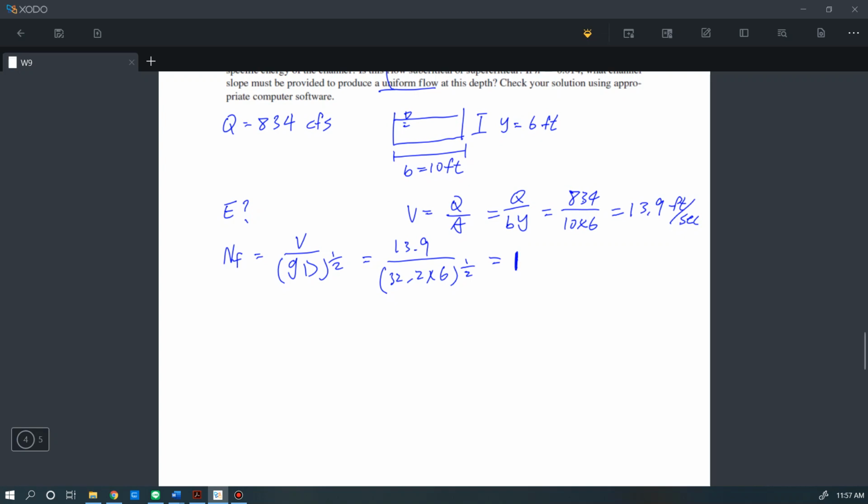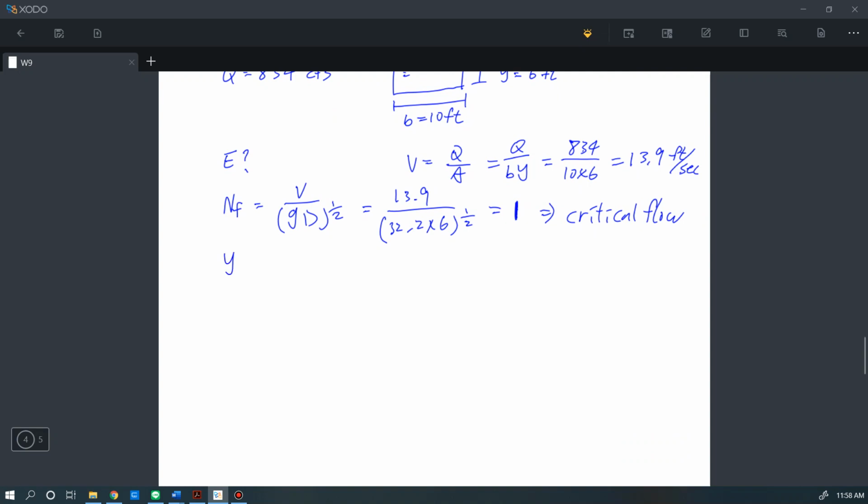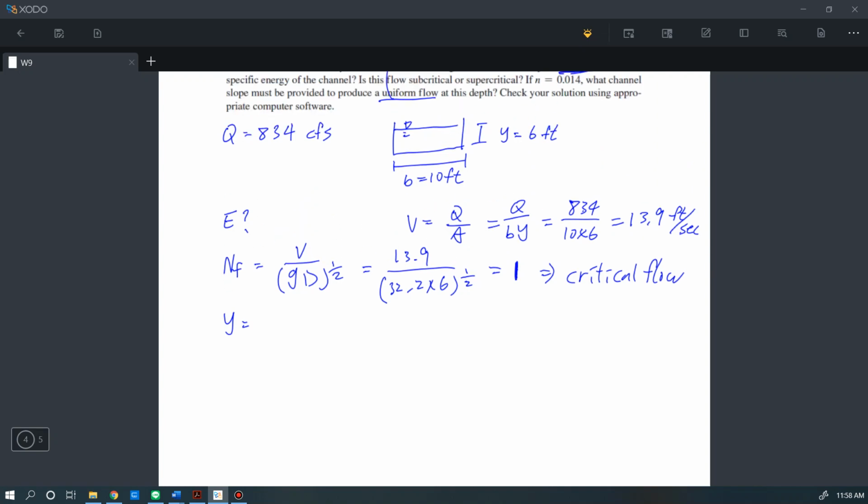So a Froude number equal to 1 means that the flow in this channel is critical flow, with y equal to 6 feet, and this 6 feet is also equal to the critical depth for this channel.